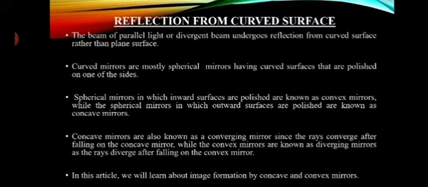So a curved surface is used for light which is coming from very far distances, or which is diverging in nature, like the sun rays. The source is far away, as the distance of the sun from the earth is very large, so the light rays coming appear to be parallel rays.